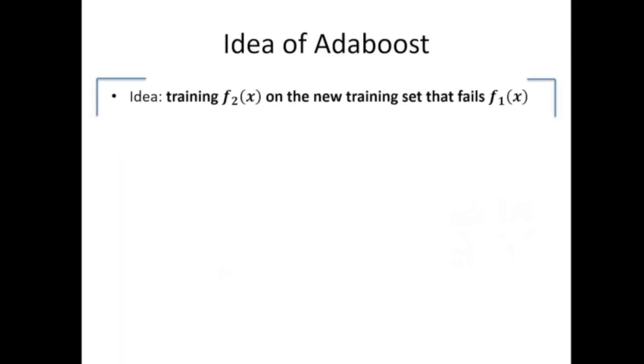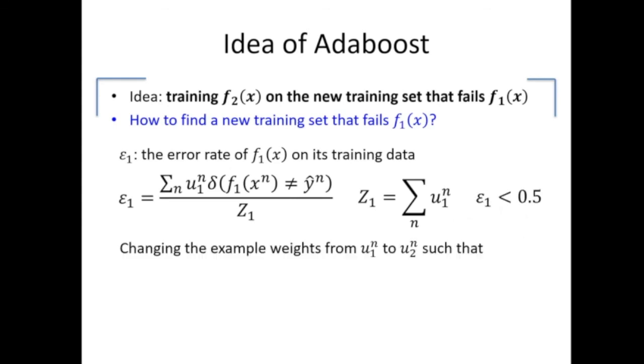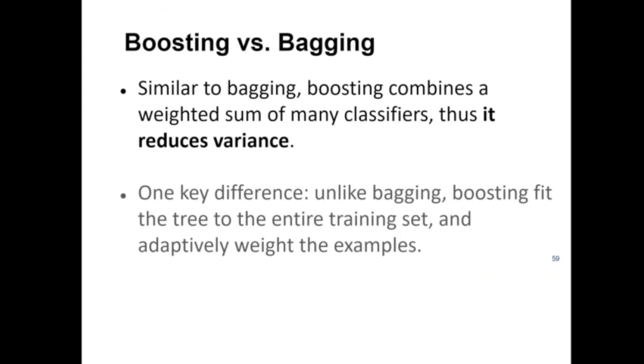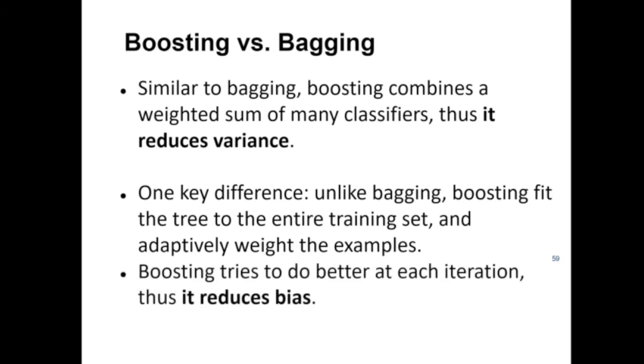All right, sorry, it's kind of quick. There's only one thing I want to talk about, which is boosting versus bagging. Similar to bagging, boosting reduces the variance because of the ensemble. And unlike bagging, boosting fits the tree to the entire data and adaptively weights examples. Boosting tries to do better at each iteration.